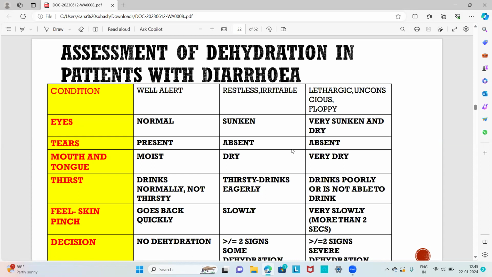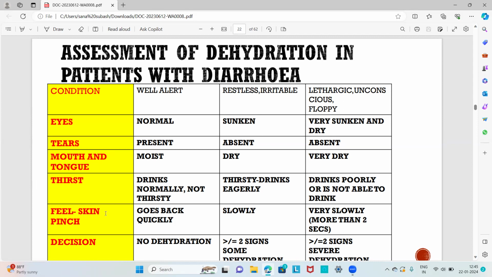The child is classified with these features as no dehydration and planned accordingly by the WHO. The next category is that the condition of the child is restless or irritable, and the eyes are sunken, which is a feature of dehydration, or the tears are absent, or the mouth and tongue are dry, or the child is very thirsty and drinks eagerly when we give water.